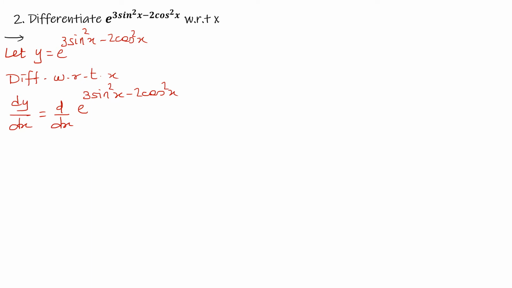Here we have to apply d by dx of e raised to f of x. And what is the derivative of e raised to f of x? It is e raised to f of x into f dash of x.